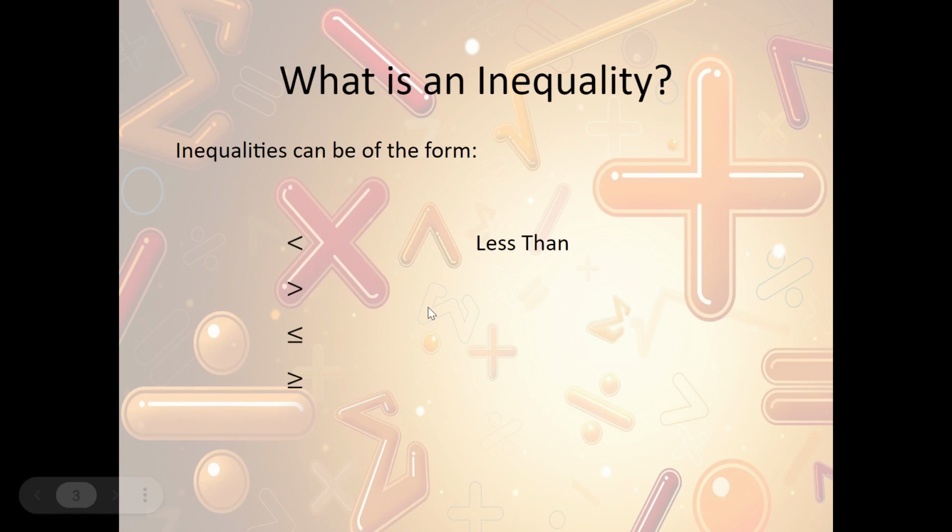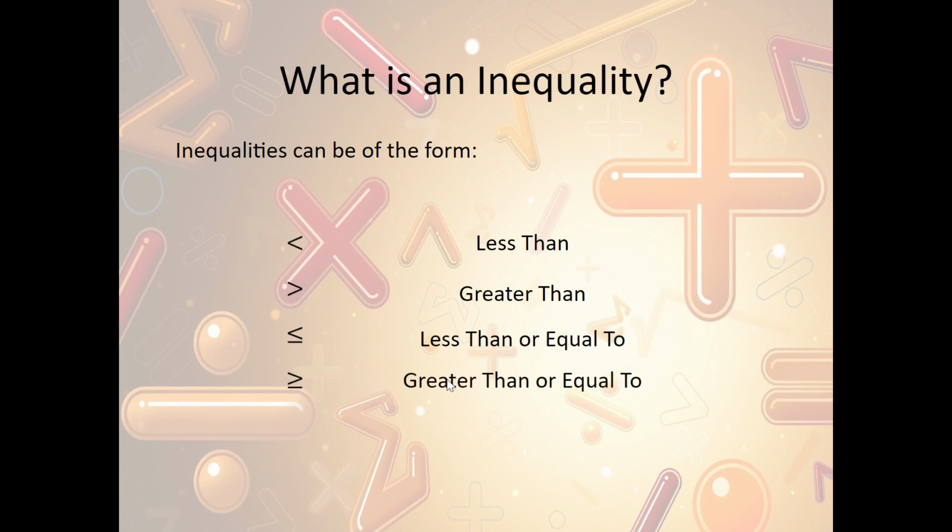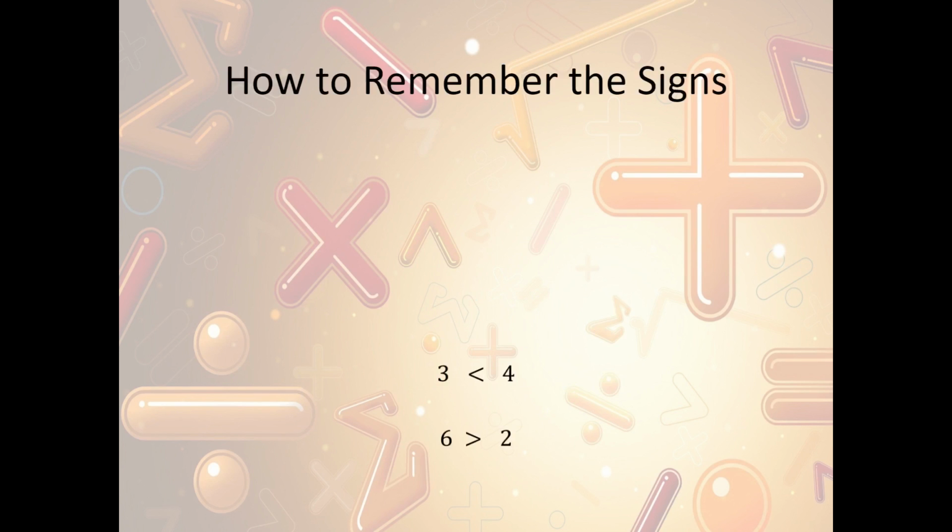This one then means greater than. This one means less than again, right? Because that's this arrow. And the bar means or equal to. So this is less than or equal to. And this one, this arrow here, meant greater than. And the bar means or equal to, so it's greater than or equal to. So those are the different inequalities.